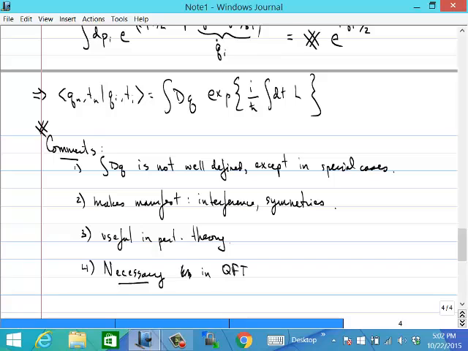Before the 1970s, nobody really talked about path integrals in quantum mechanics. It was really only after the advent of quantum Yang-Mills theory and the discussion of Faddeev and Popov that it became clear just how necessary and important the path integral formulation was. So I'm going to continue now with the computation of some other quantities using path integrals. But before I do so, let me pause and see if there are any questions.